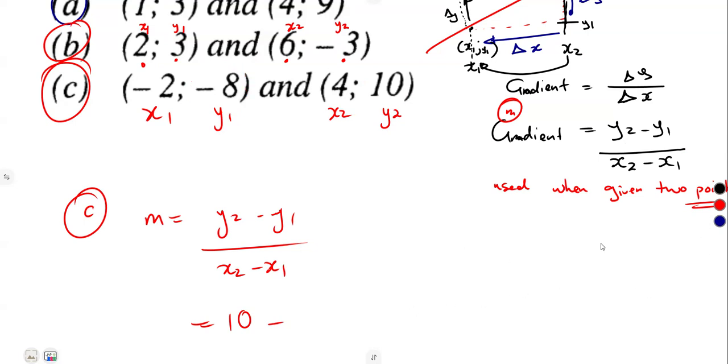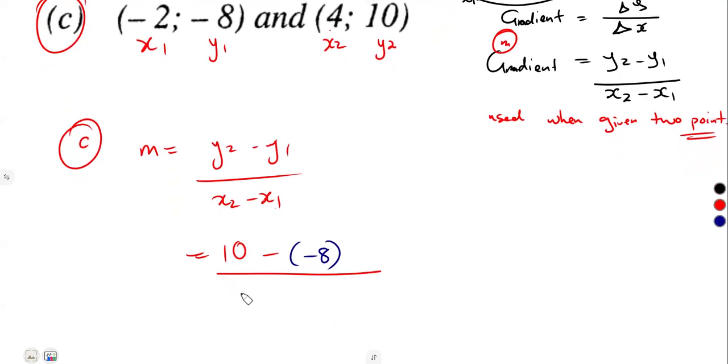So take note, the minus here is of the formula, but what you are subtracting here is carrying a negative. So just put that one in a bracket like this. All right, over x2 minus x1, where x2 is 4. So that's 4 minus x1. It is also carrying a negative, so put that in a bracket.